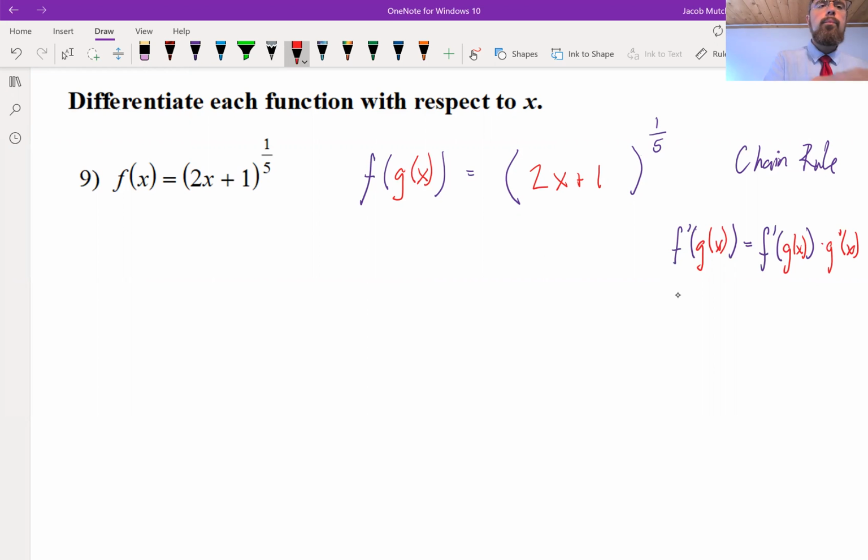And I think, just to correct a detail here, I should put that differentiation at the end, just to indicate I'm taking a derivative of the composition. Okay, so let's apply the chain rule.